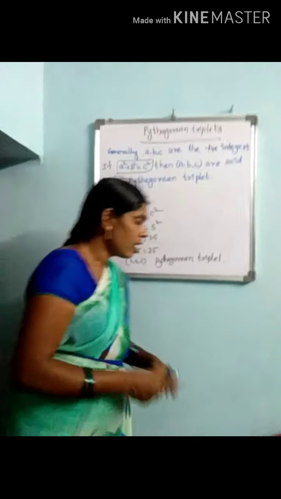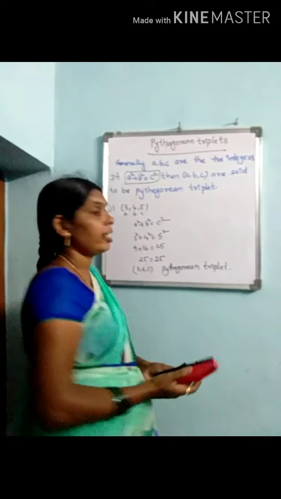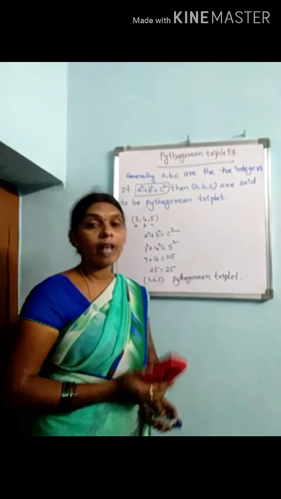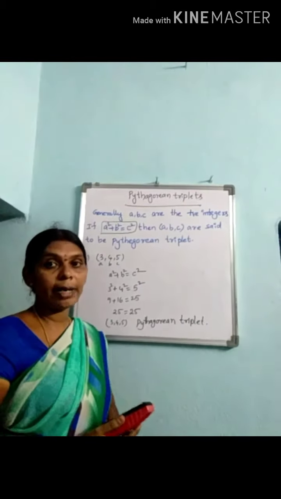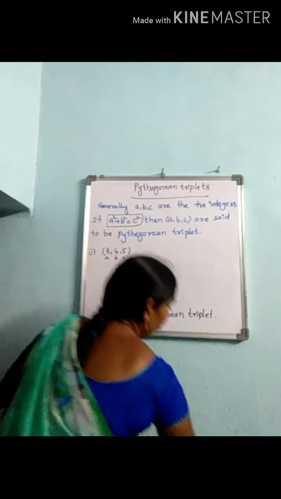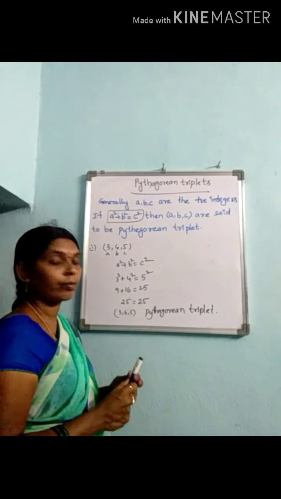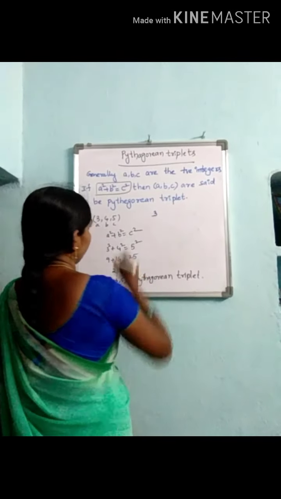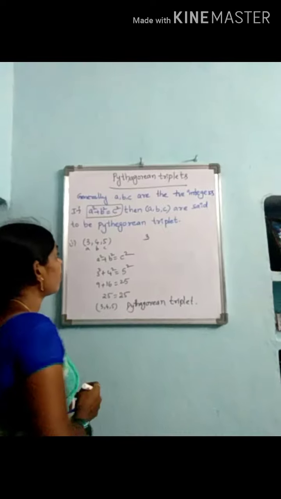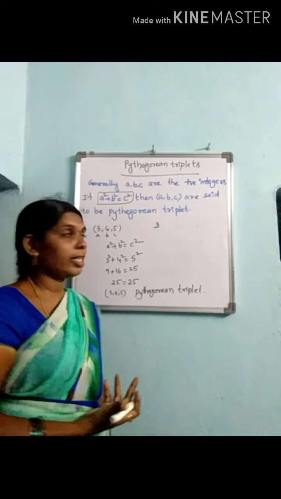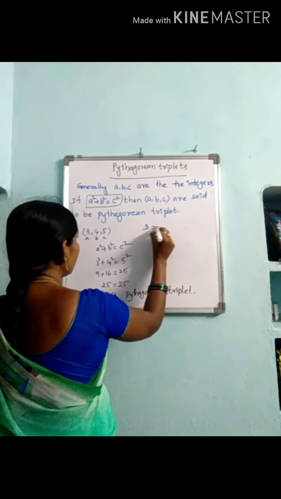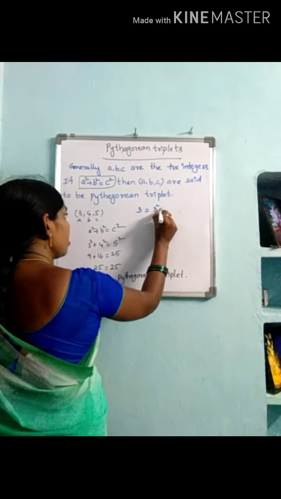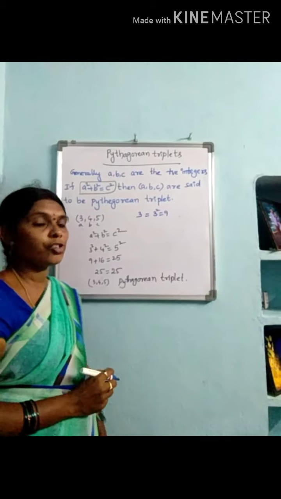Next, how to find a Pythagorean triplet? When only one number is given, it is very easy to find the remaining two. I am taking this example only. Suppose we know only 3. How to find the remaining numbers of the triplet? We have to find the square. 3 squared is 9.